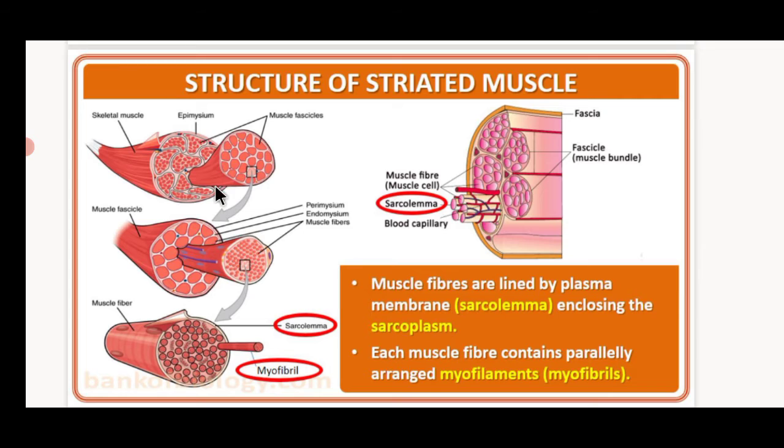These muscle fibers are lined by a plasma membrane, which is called the sarcolemma, and that encloses a cytoplasm, which is called the sarcoplasm. Each muscle fiber contains parallel-arranged myofilaments. Inside the muscle fiber, two kinds of proteins are present, called myofilaments or muscle filaments. Anything named myo is related to muscles.